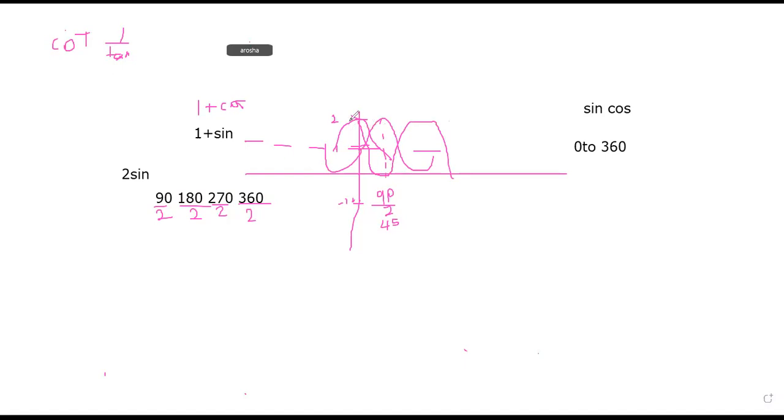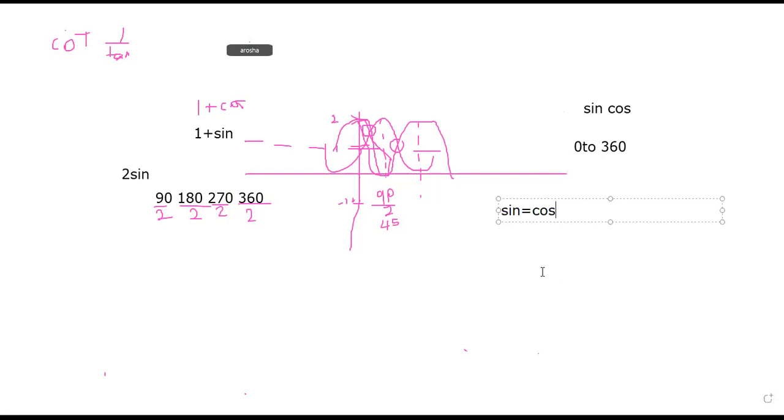This is a cos graph. Okay, guys. So you can see one point is cutting, like sine and cos are intersecting, and here also sine and cos are intersecting. So from 0 to 360, 2 points intersecting. When you draw sine and cos graphs, it means sine equals cos.